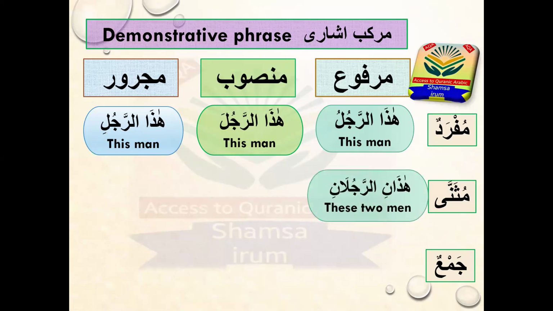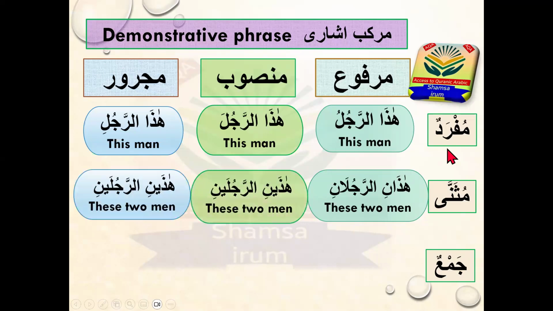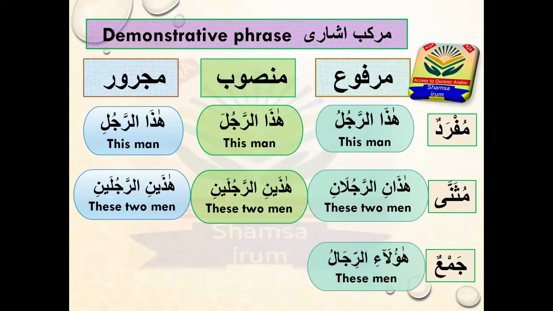Hadhani rajulani. I read separately, hadhani or rajulani, because I want to show you there is al at the beginning. Musharun ilayh must have al at the beginning. And hadhaini or rajulaini. Next, for the plural, haula'i ar-rijalu.